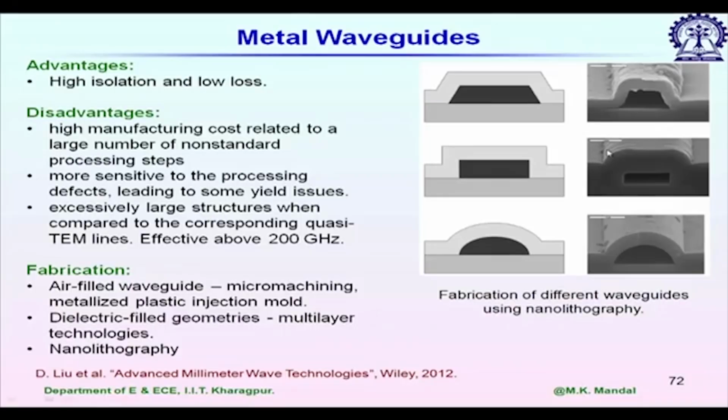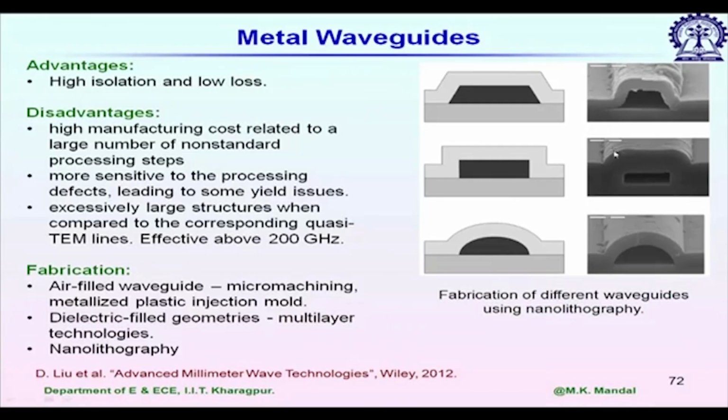And why above 200 gigahertz? Because of its dimension. Below 200 gigahertz, it is so heavy and so big that we can't use it as an interconnect inside a chip. Here are some examples of such waveguide structures, and on the right side figure you can see them.